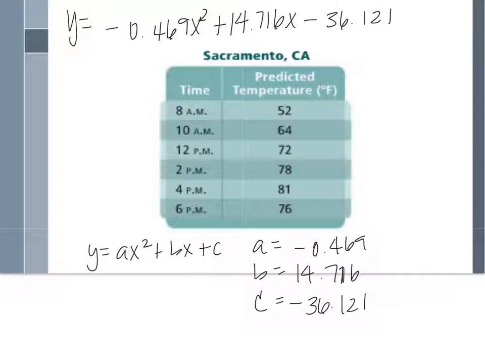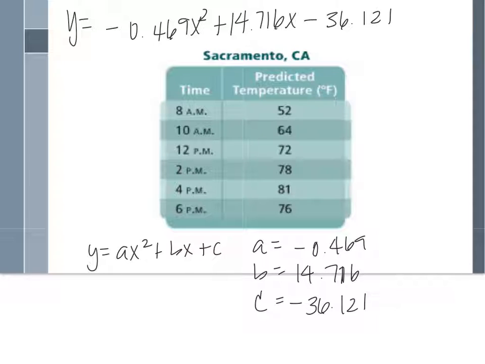So really, at this point, what we can do is go to our graph and actually graph these points. And then we could do the maximum feature, which I'll show you guys how to do in class. And then you would notice that your maximum would be the high of the day, because it's the vertex.